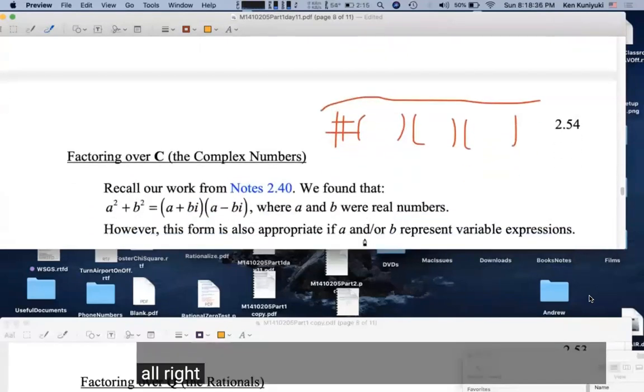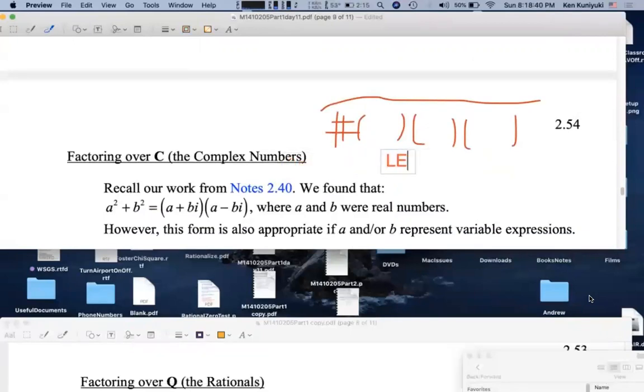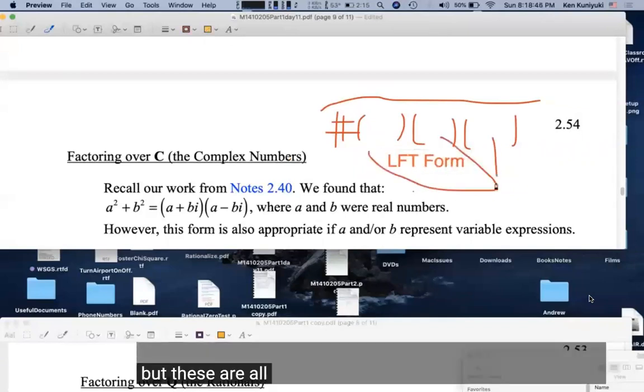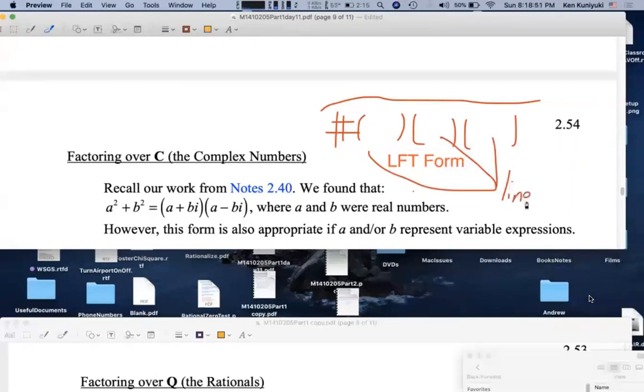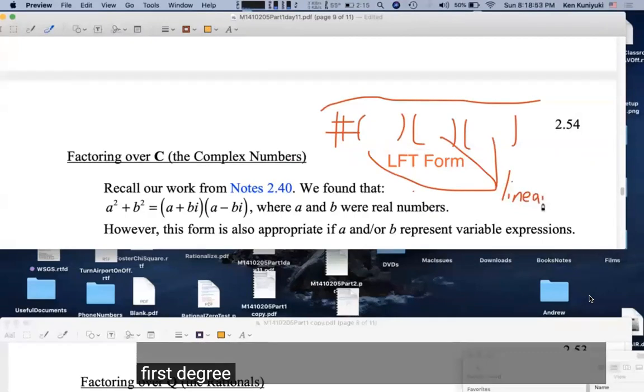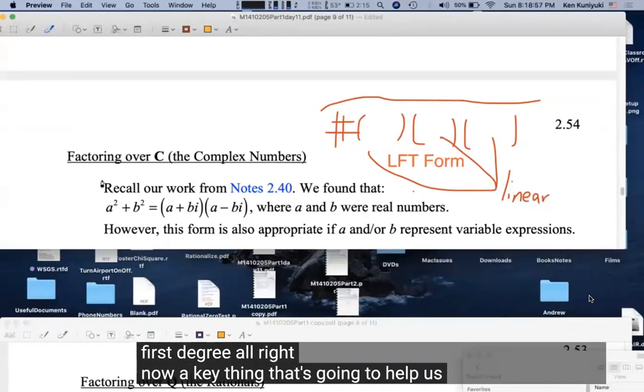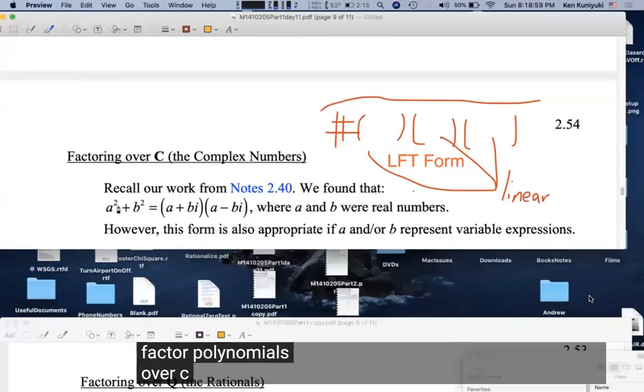Again, this is linear factored form. But these are all linear factors. First degree.